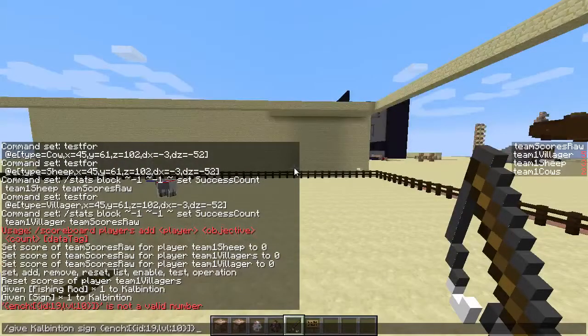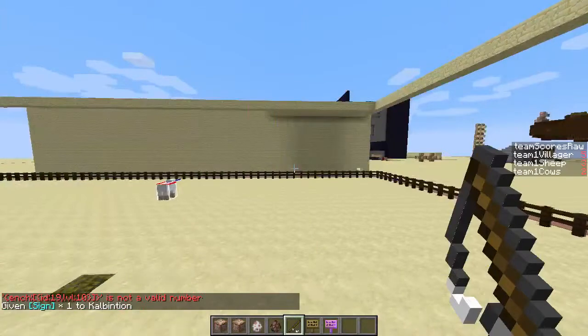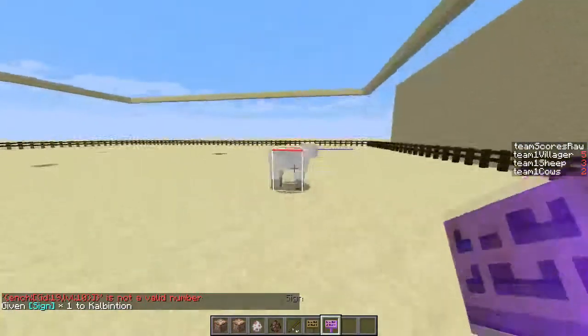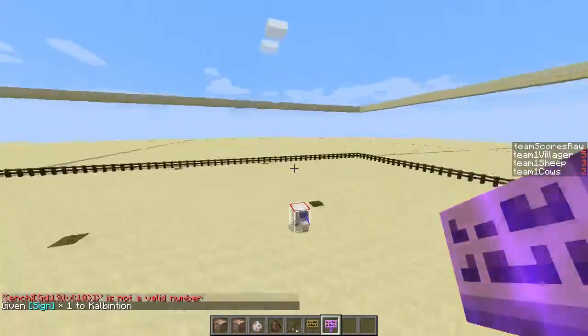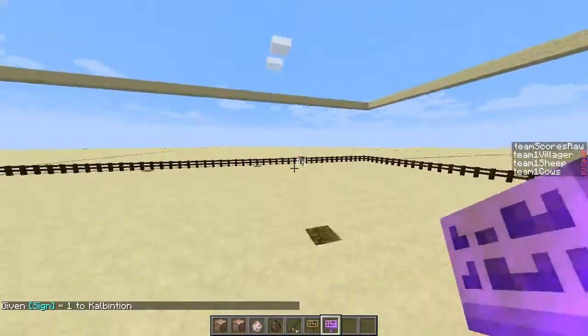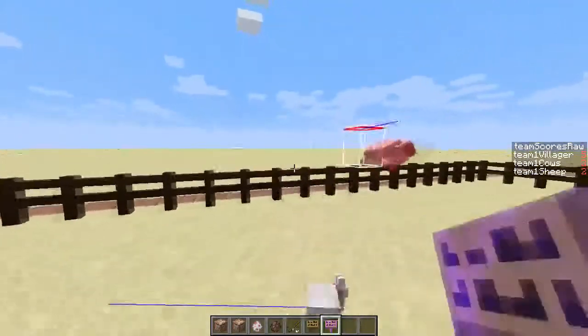That is not a valid number. It's not supposed to be a valid number, it's not a number at all. Whoops. Forgot the amount and the other value. Bam. Get out of here.